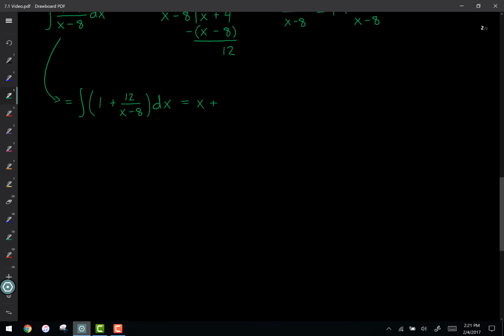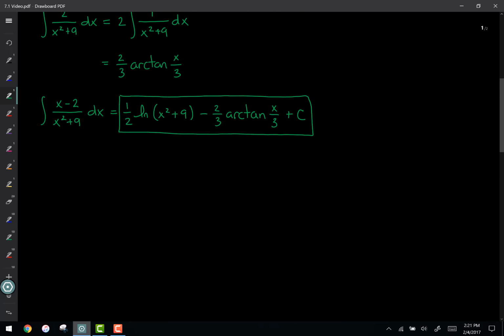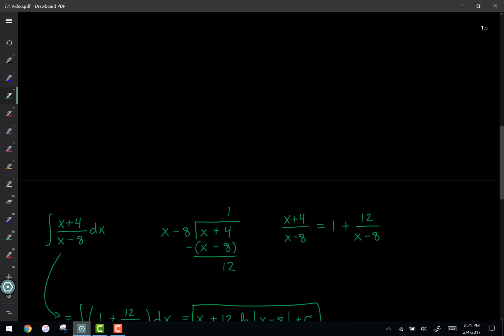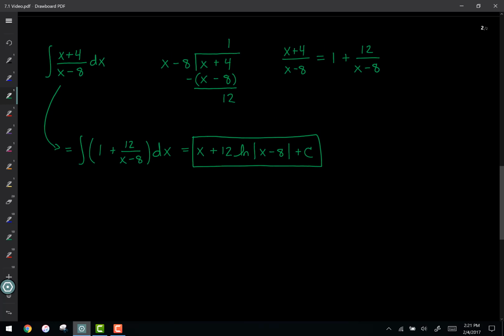The derivative of x minus 8 is just 1, so the 12 will just come along for the ride. So 12 natural log of the absolute value of x minus 8, plus c. Now I do need the absolute value bars here versus what we had up here, because the stuff inside the natural log there was never negative. This can definitely be negative, so yes, we need the absolute value bars here now.